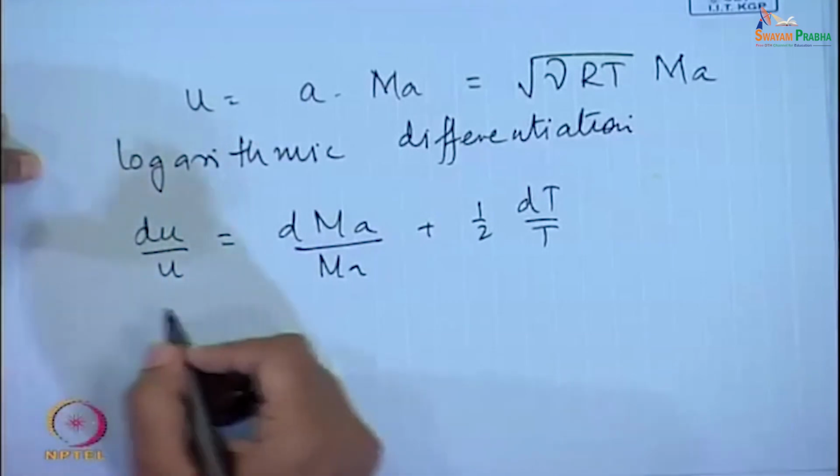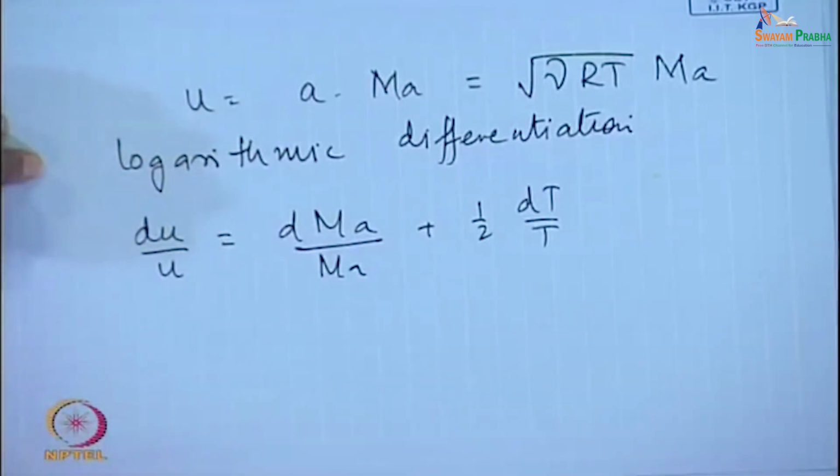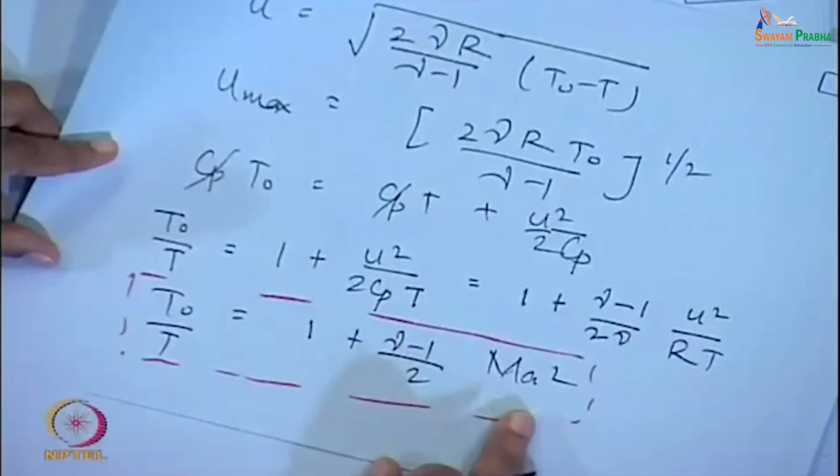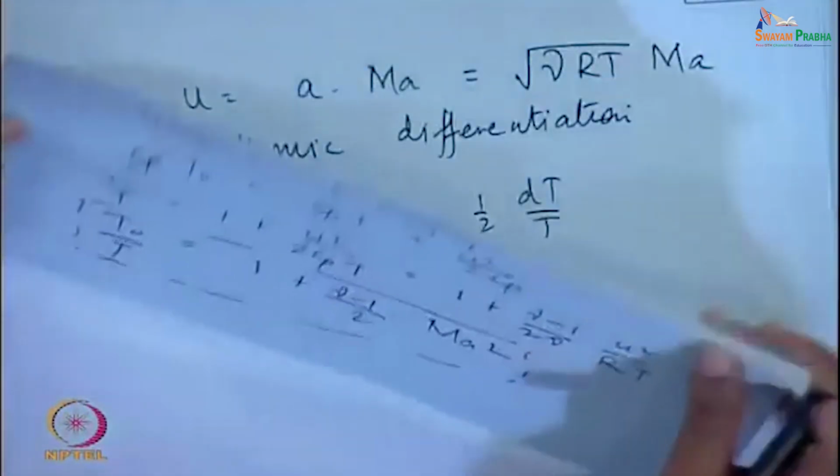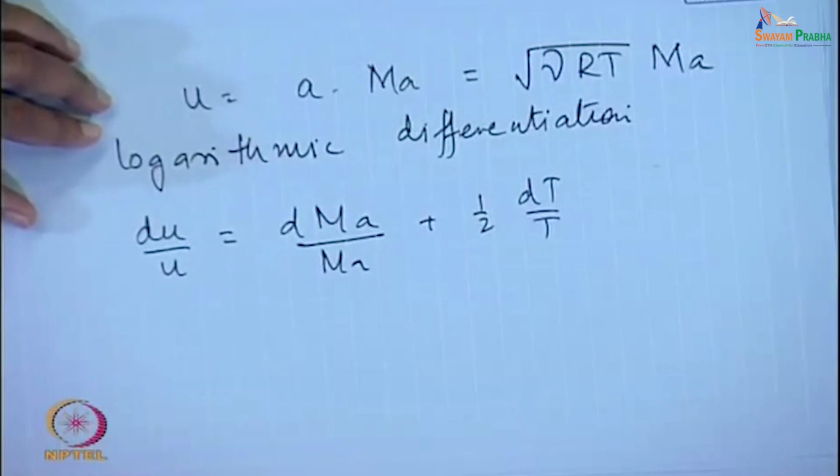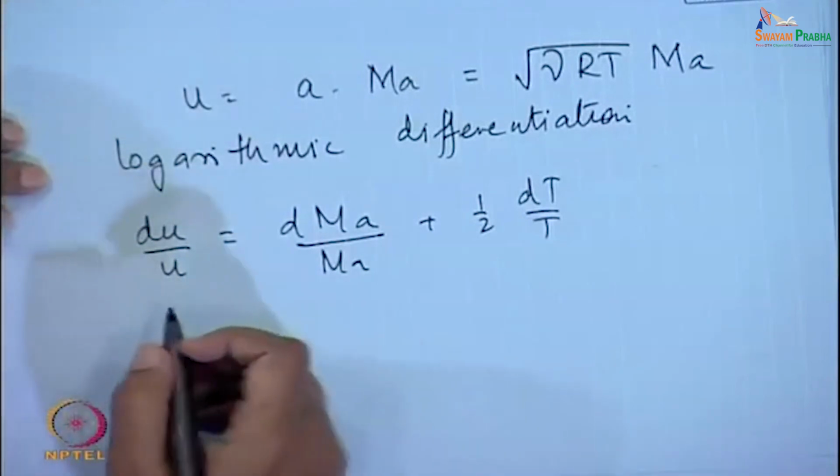And from the previous expressions where we had obtained T0 by T, from this particular expression also we can perform the logarithmic differentiation. So that we get two expressions of dT by T and we can equate them.